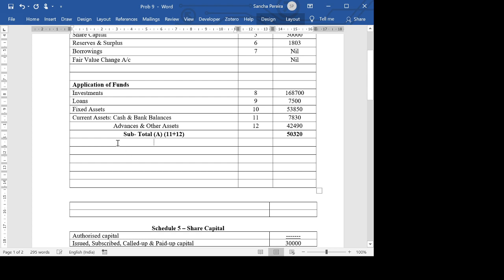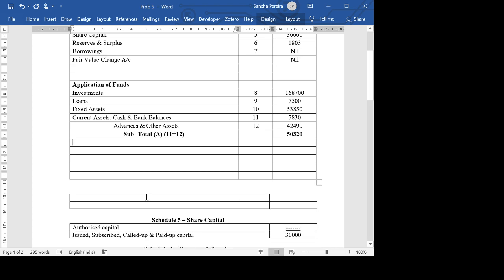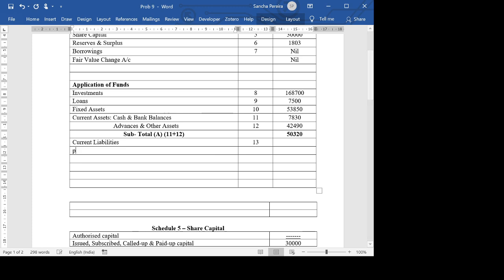Then we move on to current liabilities, which is 13, and we have provisions, which is 14.